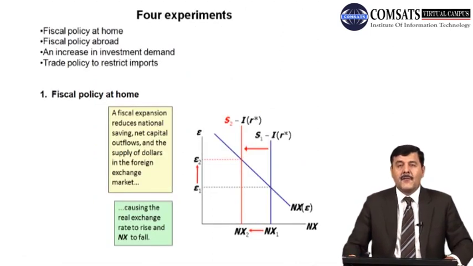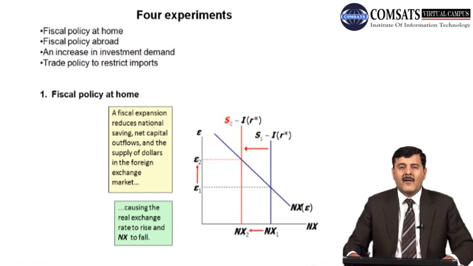Now we'll look at different experiments and their effects: how these can affect the foreign exchange market, the price, demand and supply of dollars, the savings, investment, net exports and capital outflow, and how this affects the real exchange rate and in turn the net exports of the country. We'll discuss four experiments, and explain how they can intervene and affect the currency market.